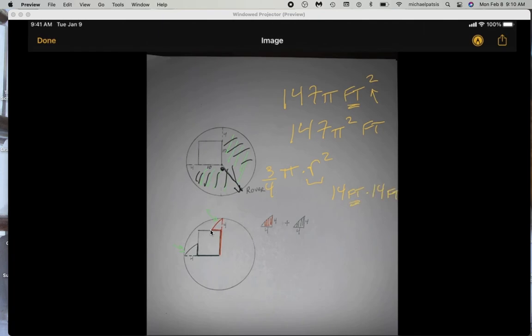So you have two units here, each with the exponent of 1. So if you rewrite this as 14 times 14 times feet to the first times feet to the first, feet to the first times feet to the first becomes feet to the second. Just like x to the first times x to the first becomes x to the second. So again, in summary, this square goes with the unit, not with the pi.